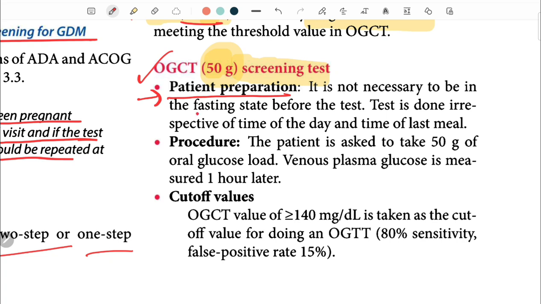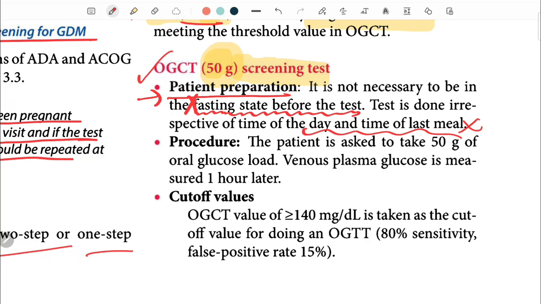A very important point to remember is that a fasting state before the test is not necessary. It doesn't mean that the person should not have had a meal.